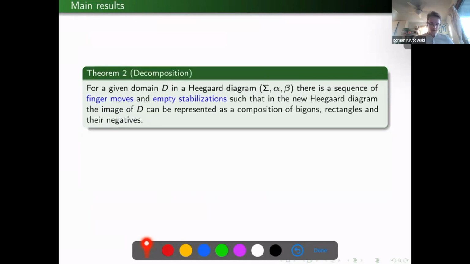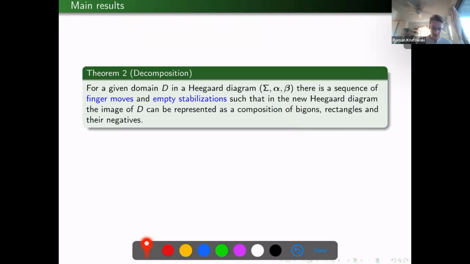The proof of this theorem is based on the following so-called decomposition theorem, which states that assume we are given some ugly domain living in some Heegaard diagram, then we can make a certain sequence of transformations of this Heegaard diagram, namely finger moves and empty stabilizations, such that in the new Heegaard diagram, the image of D can be represented as a composition of bigons, rectangles, and their negatives.